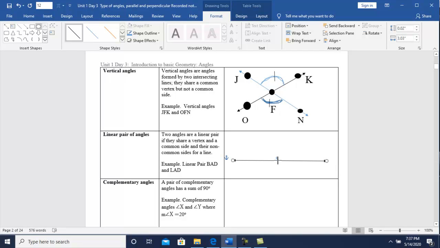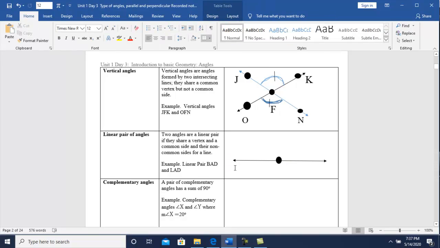Now the vertex is going to be in the middle here. Now notice you have BAD and LAD. So the middle is going to be A. So that's your vertex.